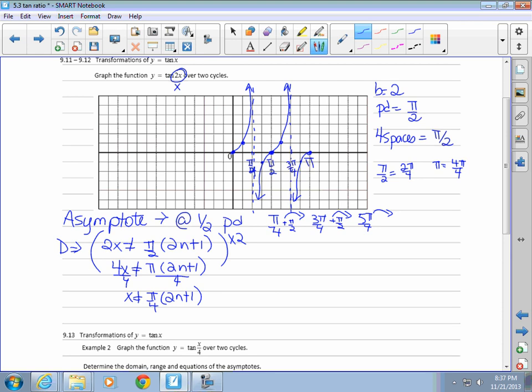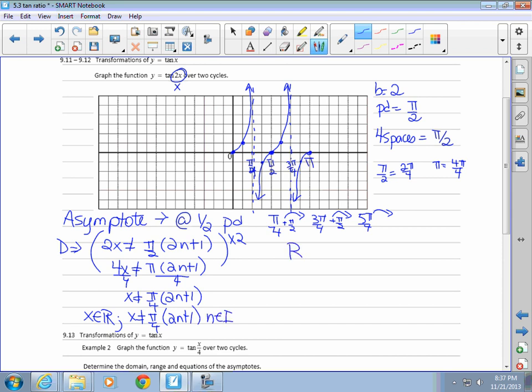So if I look at this, I had an asymptote at pi over 4, I had an asymptote at 3 pi over 4, and then my next one would have been 5 pi over 4 if I had continued. So my domain is x is an element of real numbers except that x cannot equal pi over 4 times 2n plus 1, where n is an element of integers.